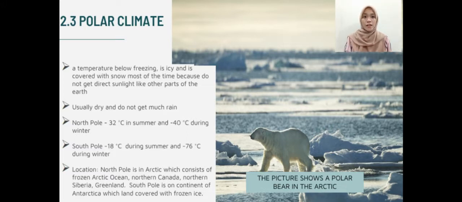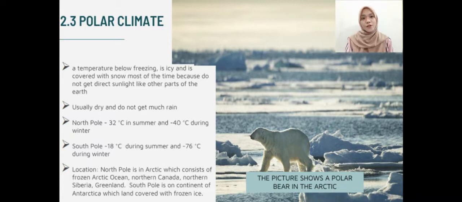So talking about the temperature, the North and South Pole have different temperatures, whereby during summer, the temperature in the North Pole is around -32 degrees Celsius, while in the South Pole it is around -18 degrees Celsius.